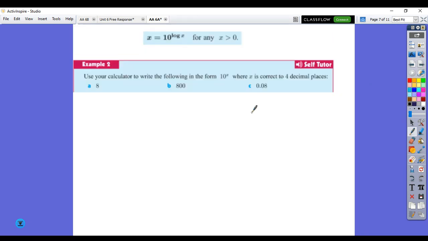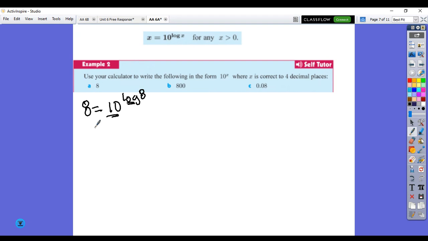So vice versa, we can also start with the answer and put it back into 10 to a power. So using this right here is just an example. 8 is like my x. This equals 10 raised to the log of 8, because these would cancel. Exponential and log match, the bases match. That's how this works.